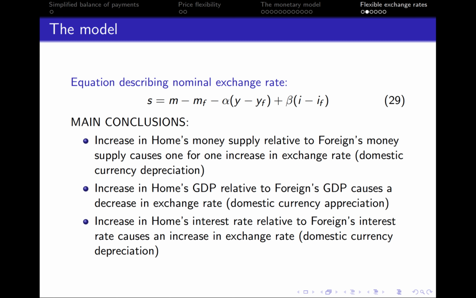This is going to be a 30 year time perspective. And as we mentioned before, interest rates are important in determining the exchange rate in the short and medium run, but they do not contribute in the long run.